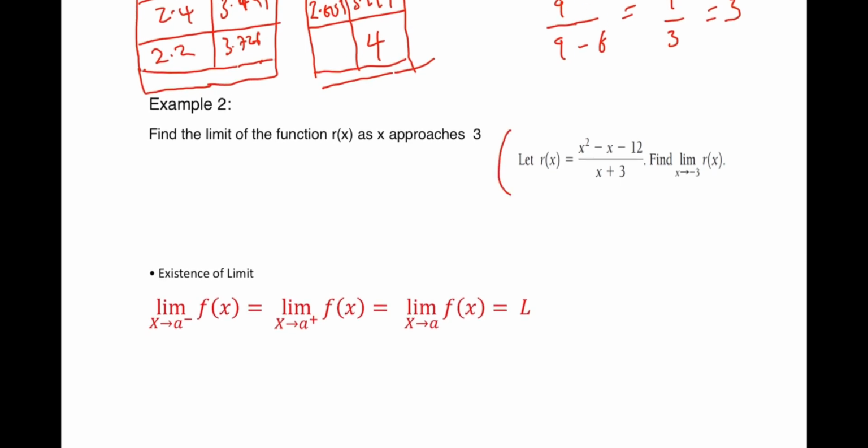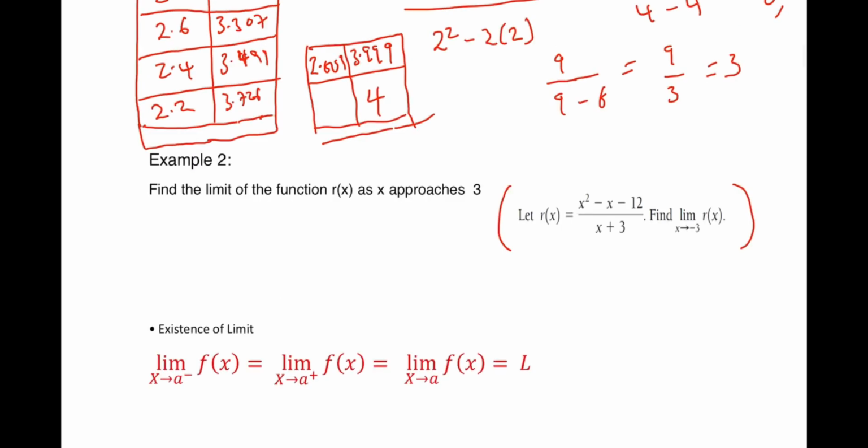You can pause the video and try. For this example, they are asking us to find the limit of the function r of x as x approaches -3. I recommend that you do the left-handed limit analysis and the right-handed limit analysis for this particular question.